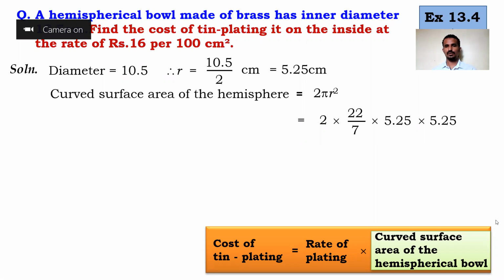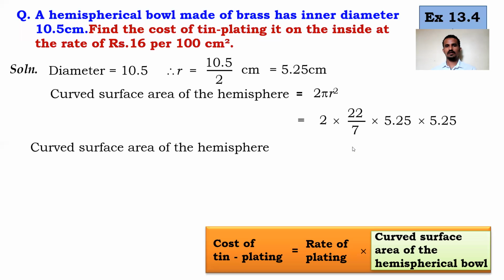All right, let us see how the calculation is done. Here you could have actually divided by 7. You can cancel 7 here: 7 ones are 7, 7 sevens are 49, remainder will be 3, and 7 fives are 35, so it will give you 0.75. When you multiply 2 into 0.75, that will give you 1.5.